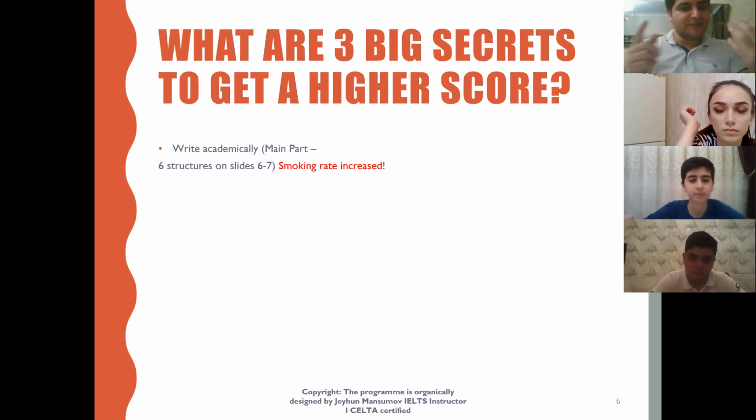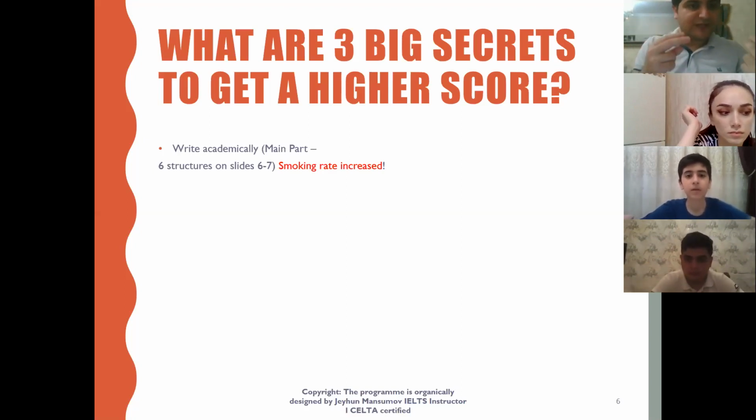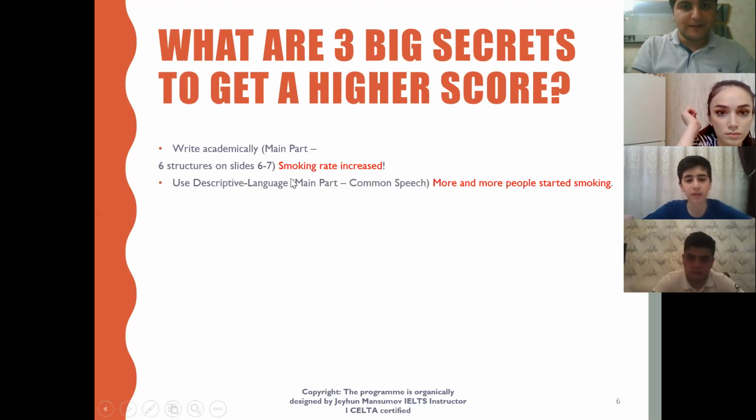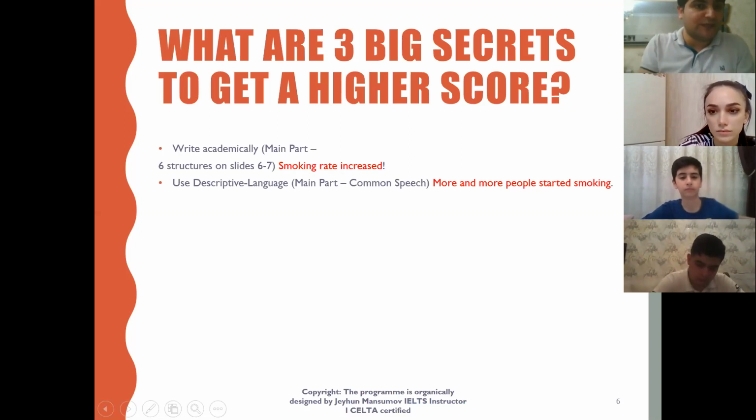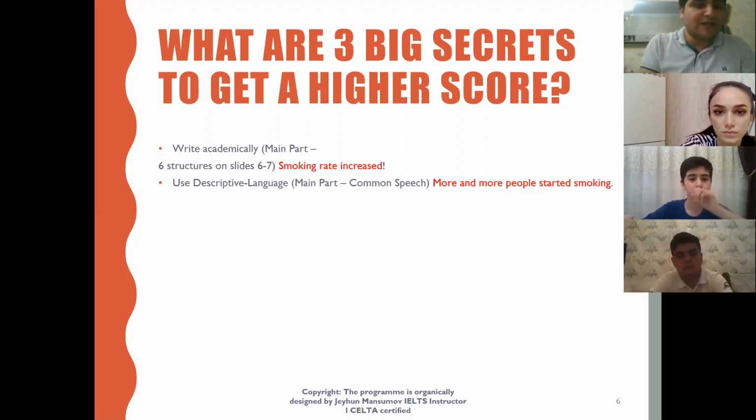Rustam, do you see the difference between these two sentences? Yes. The first one is academic, the latter is common language. Exactly. "Smoking rate increased" is academic, but "more and more people started smoking" is common speech. They have the same meanings, but the styles are different.